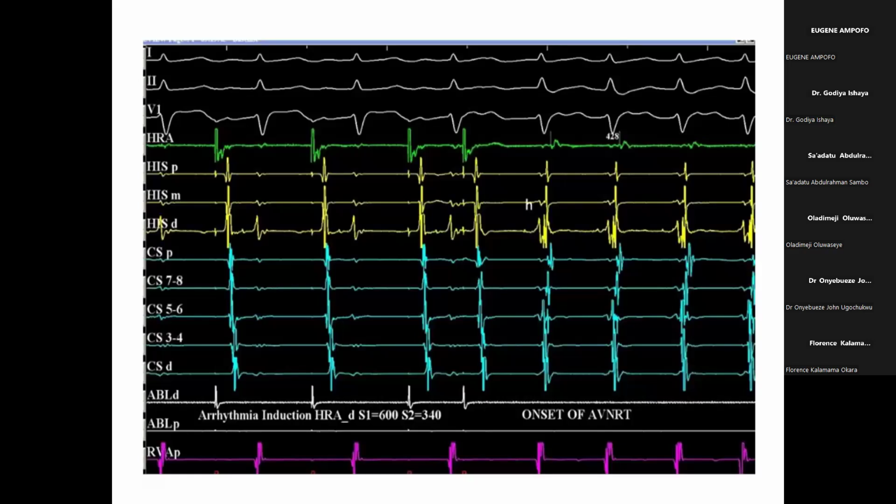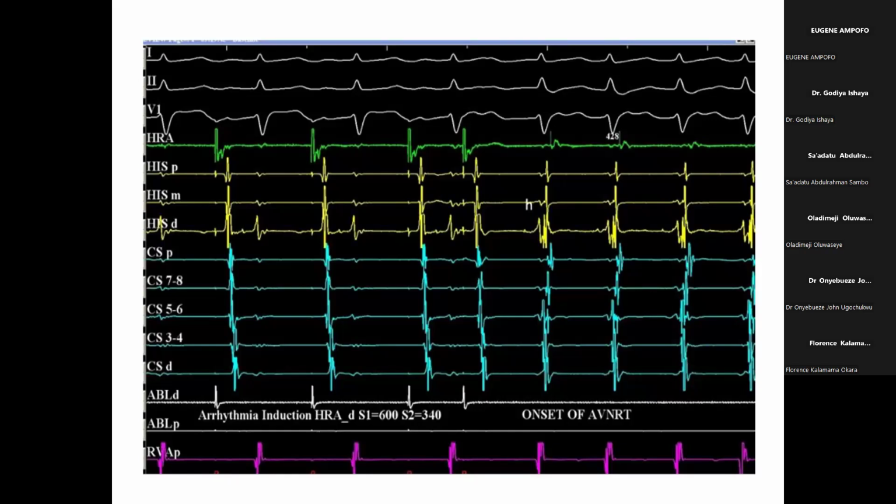So I'm going to share this slide with us so that you see why we have to sit down to emphasize AVRT, AVNRT. Because that's the first thing you want to do when you are trying to make a diagnosis of a supraventricular tachycardia. There are other features that will help rule out others.